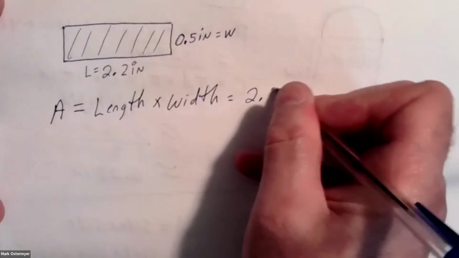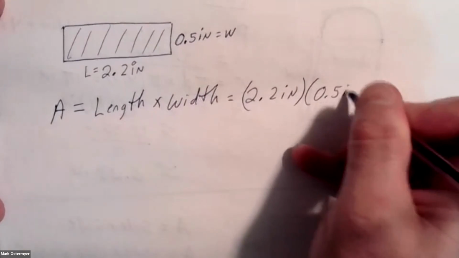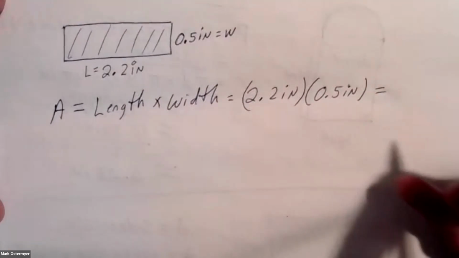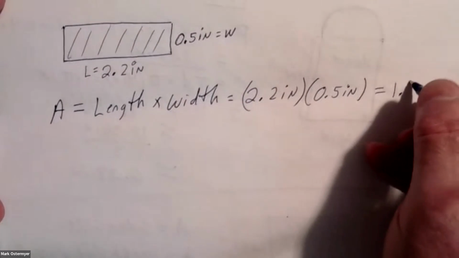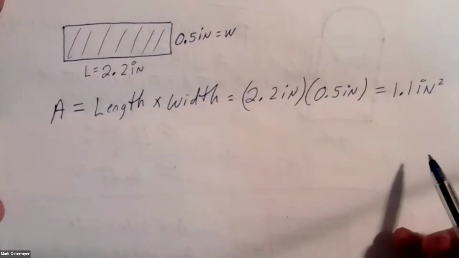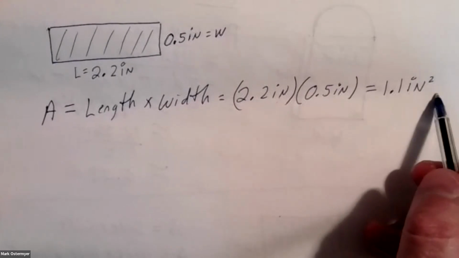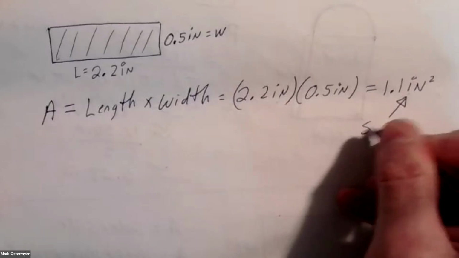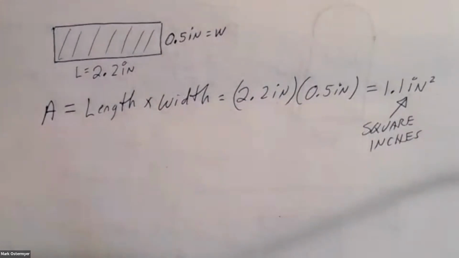So it'll be 2 2/10 of an inch multiplied by 5/10 of an inch, or a 1/2 inch. And what's a 1/2 inch times 2.2? Should give you 1 1/10 inches what? Squared. Inches times inches is square inches. That would be the area of that rectangle. This is pronounced as square inches. Everybody understand how we did that?